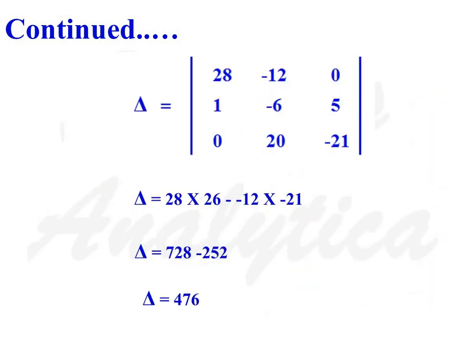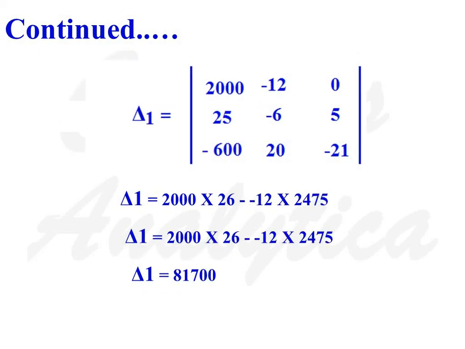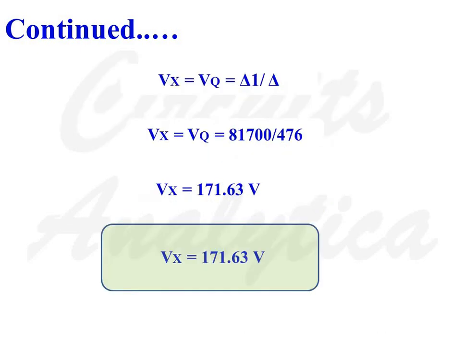So we will get delta is equal to 476 and delta 1 is equal to 81,700. Therefore, we will get Vx is equal to Vq is equal to delta 1 by delta, which is 81,700 divided by 476. So we will get Vx is equal to 171.63 volt.